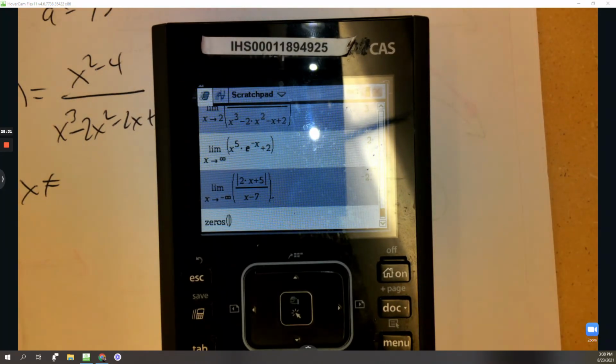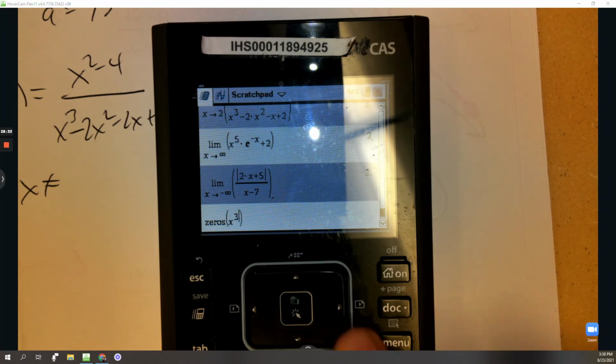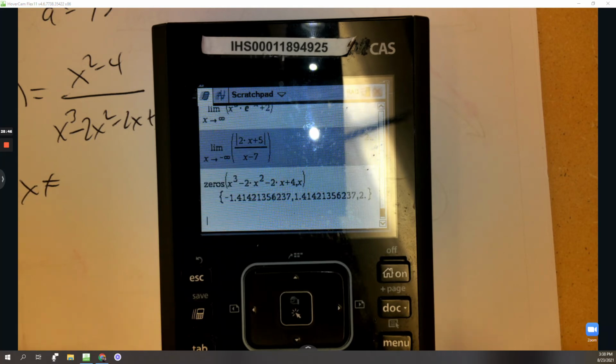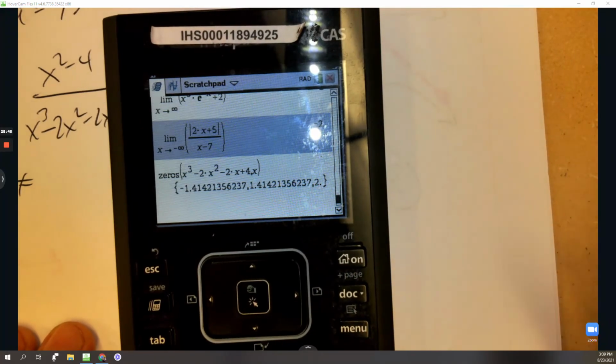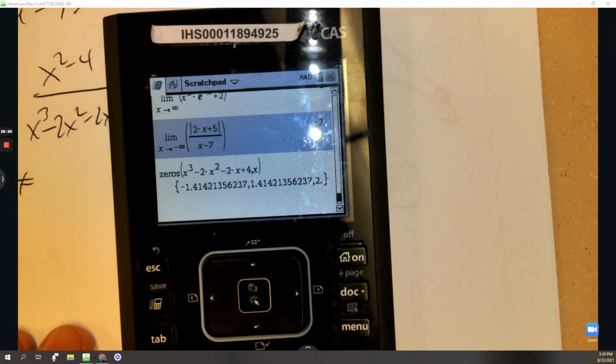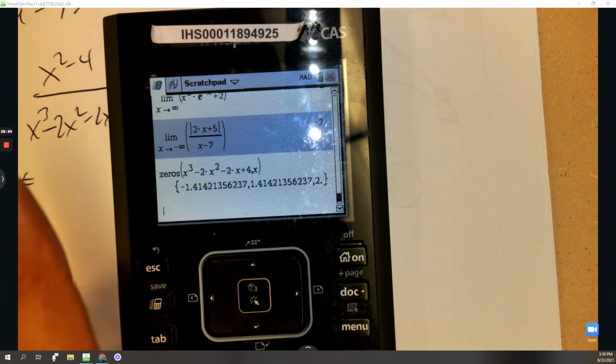So what are the zeros of the denominator? X cubed, subtract 2x squared, subtract 2x, plus 4, comma x. You're finding the zeros for x. And there you go. And round. So negative 1.414, and 2.